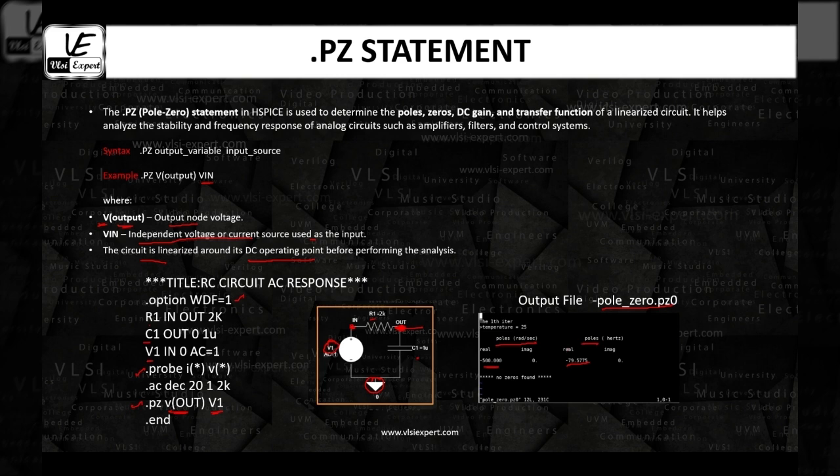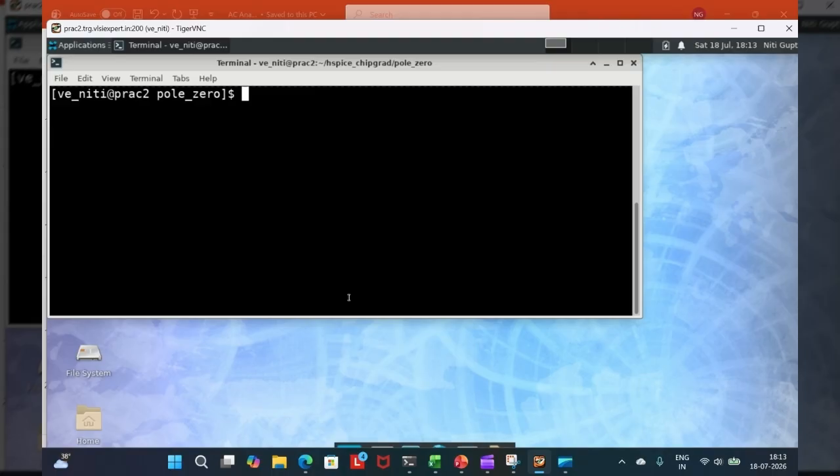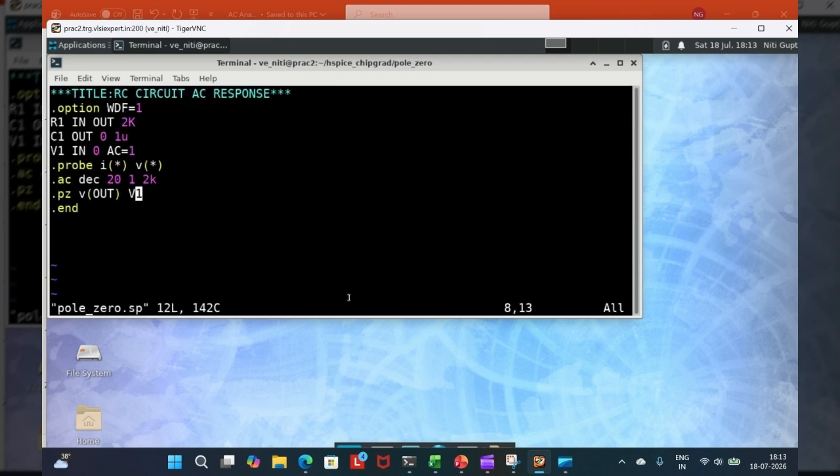Now, we will be seeing the simulation shortly. Let me show you the netlist for the pole and zero, which we have already discussed. So guys, this is my netlist, in which the first line, always remember, we have to write as a comment, because it will not be taken up by the simulator. The first line is always taken as a comment.